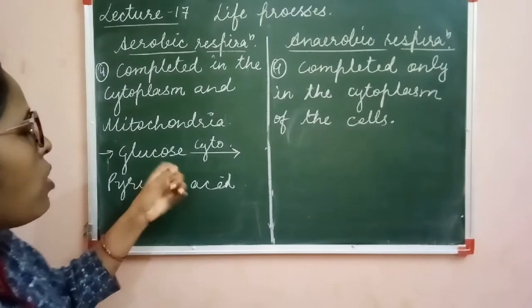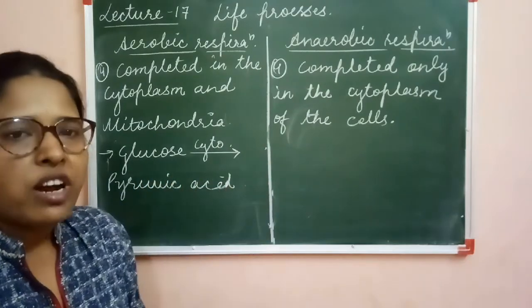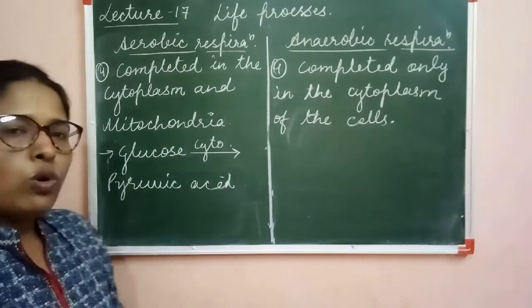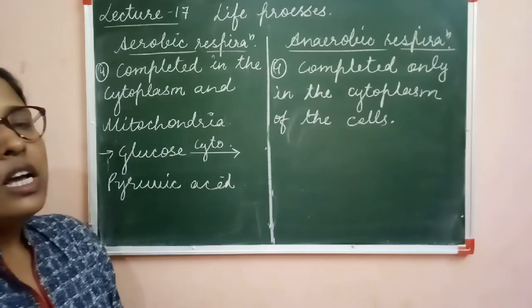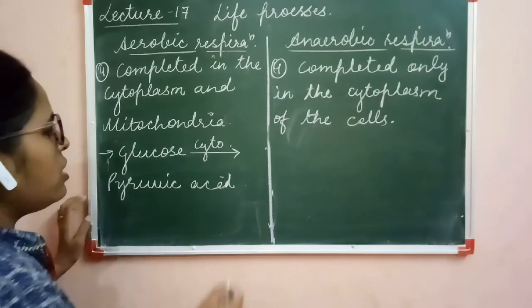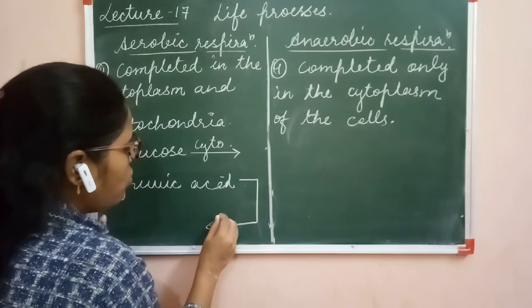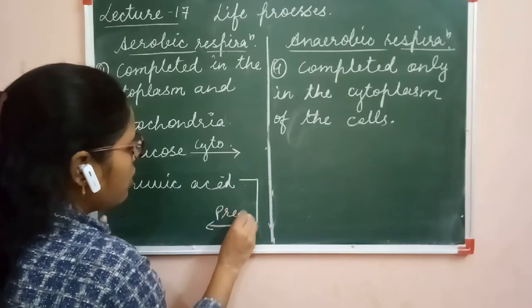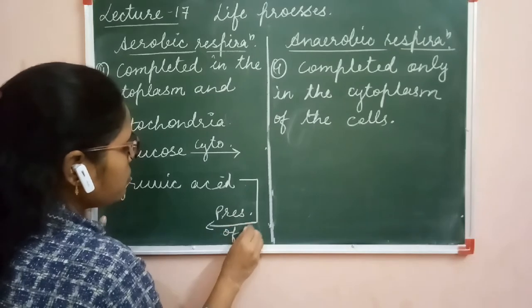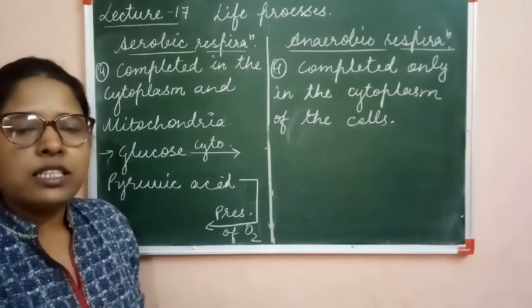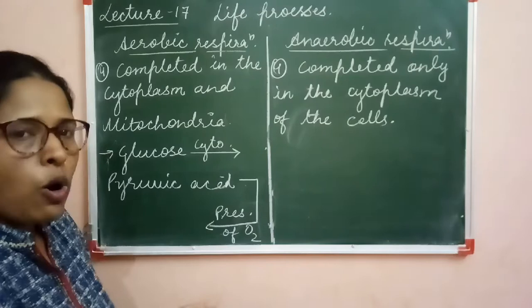This is the common process in both types of respiration, in which the glucose is firstly oxidized into pyruvic acid, and if oxygen is available, in the presence of oxygen this pyruvic acid will again break down.